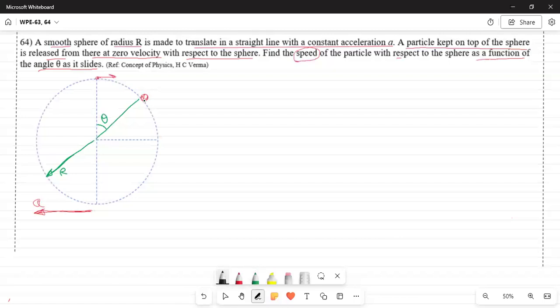One force always present is the force mg, and this force mg has a tangential component, which is mg sine theta. This we have seen right from the beginning of this chapter.